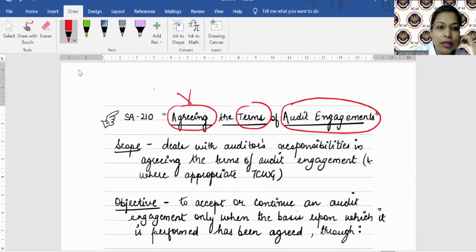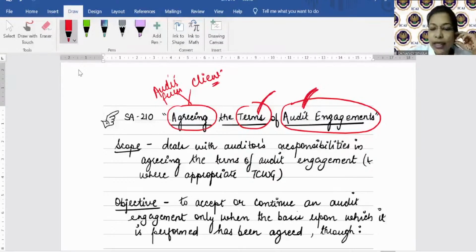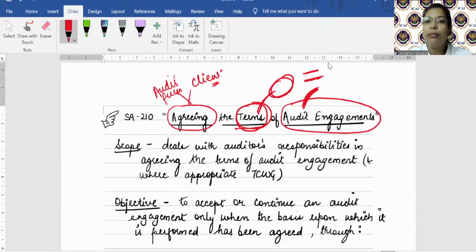Between the audit firm and the client. The terms of audit engagement. Terms mean that this will be your responsibility, this will be my responsibility. If I am writing to the client that when we will be doing this audit engagement, these are going to be the terms: this will be your responsibility, this will be my responsibility, this will be my scope.